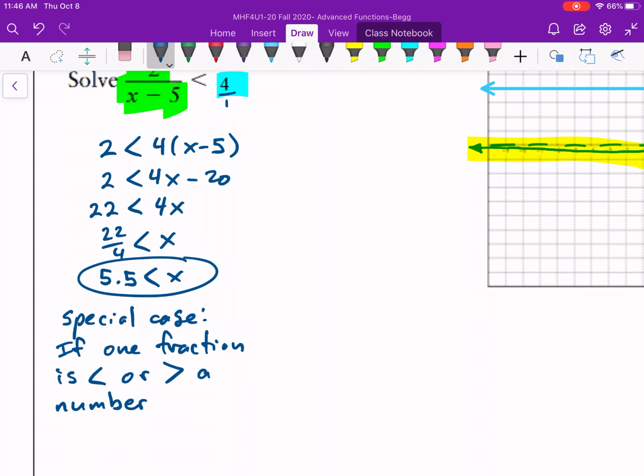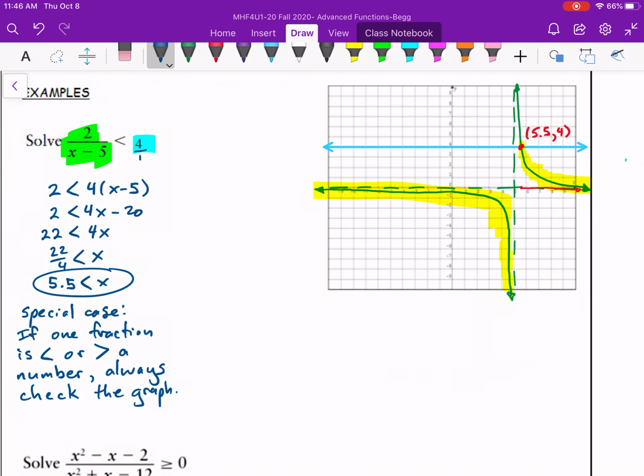So we should check it graphically. We should always look at the graph, because there's always going to be something like this happening. So from the graph, we also know that x is less than 5.